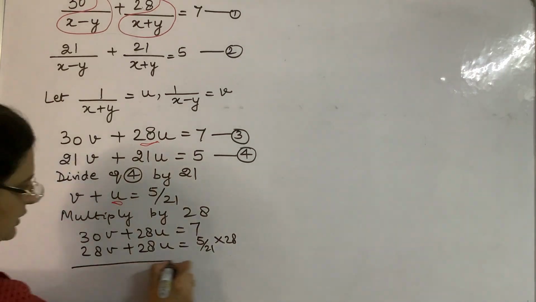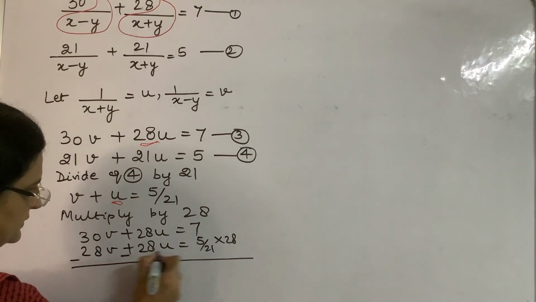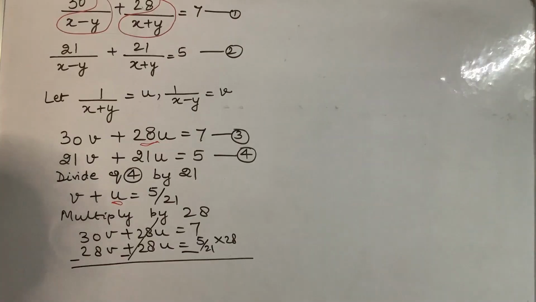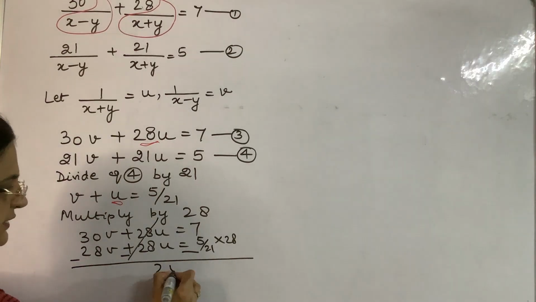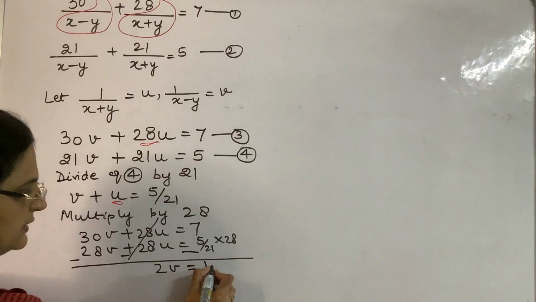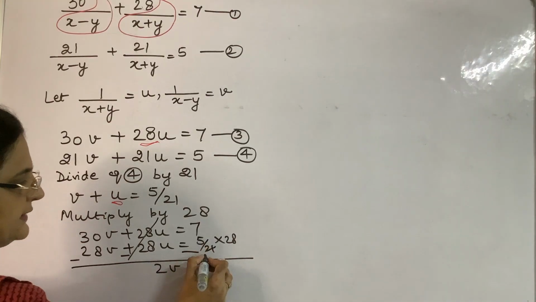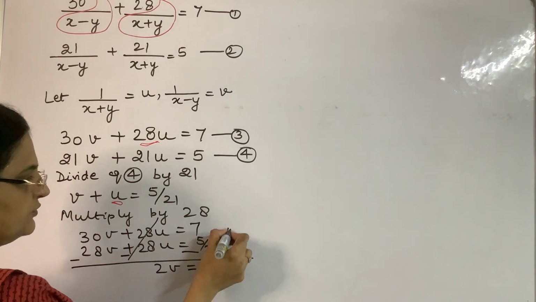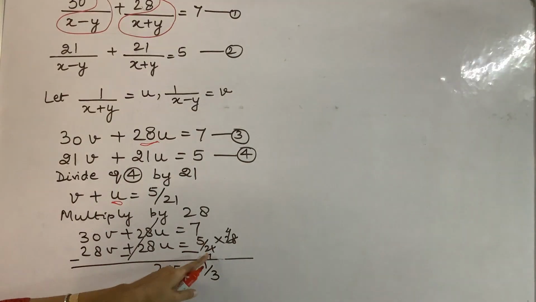Now when you solve and subtract, this gets cancelled. So over here you are left with 2v, and when you subtract, you will get 1 upon 3. This will get cancelled. This will be 4. So this will become 20 upon 7.